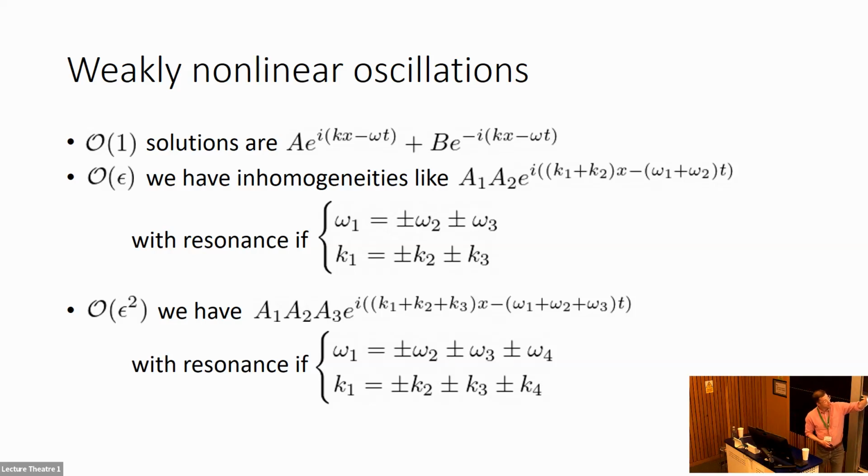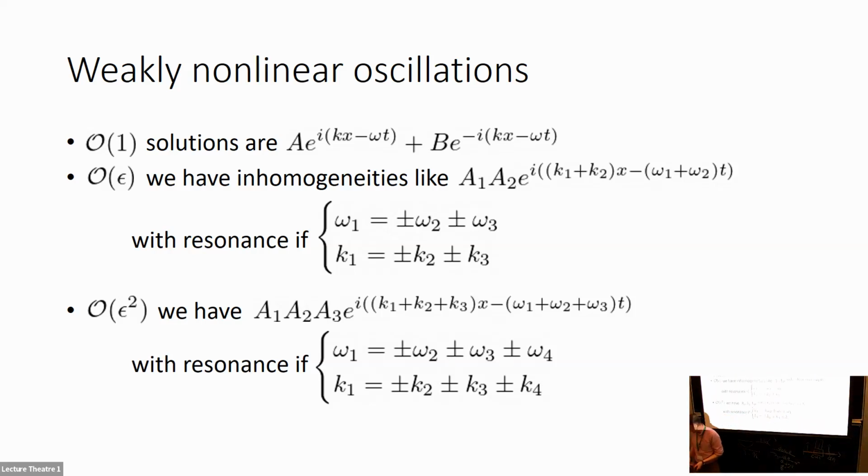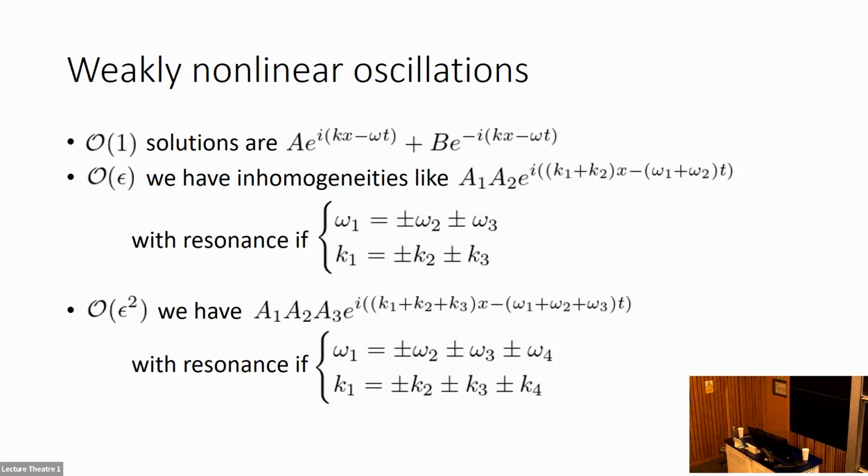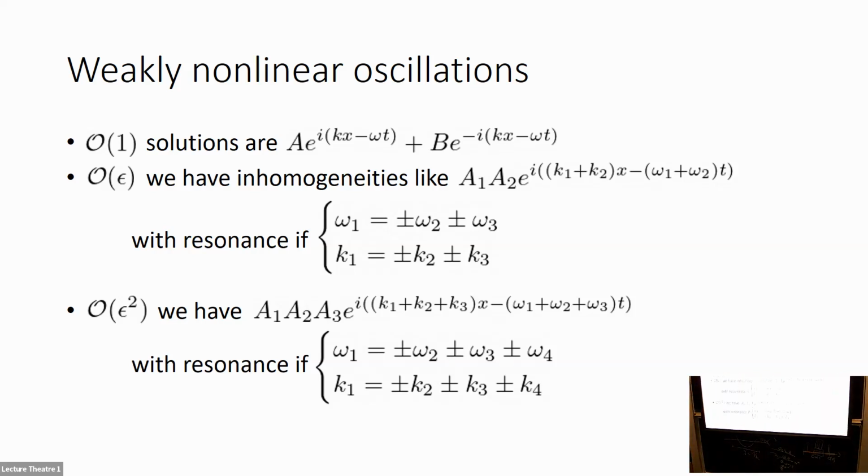Satisfying this means finding wave vectors, say k1, 2, 3, and 4. These are the quartets that were just being discussed. So we're thinking about wave vectors 1, 2, 3, and 4, for example, that will satisfy this condition with pluses and minuses, if you like.